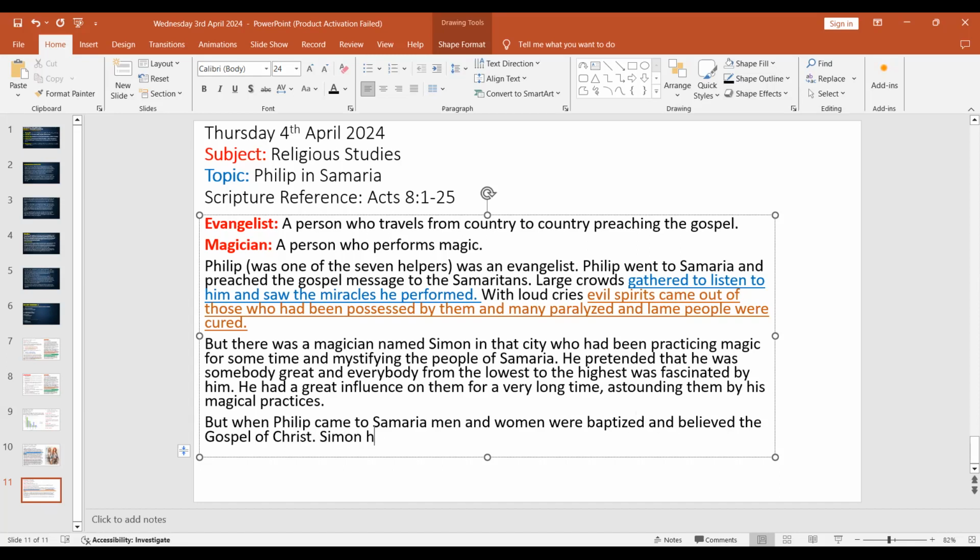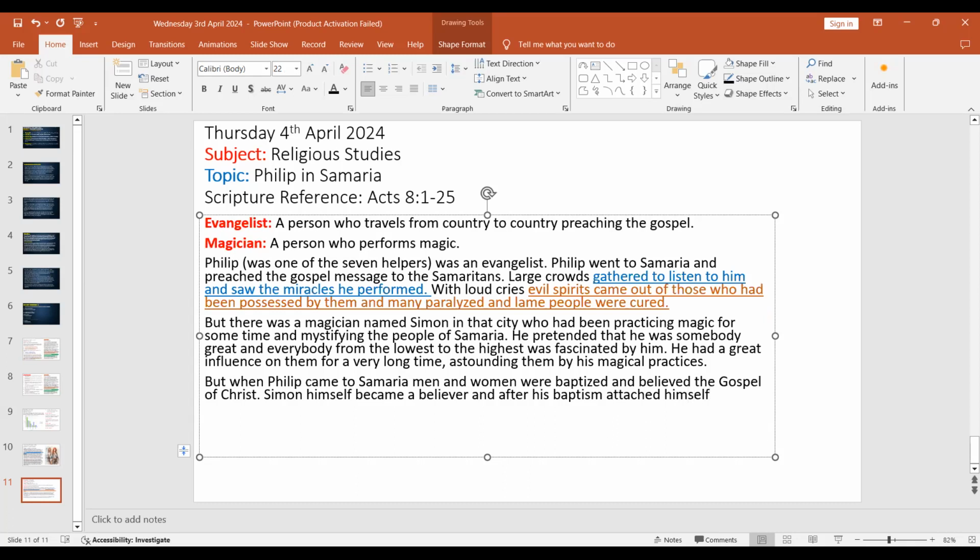Simon himself became a believer, and after his baptism, attached himself closely to Philip.